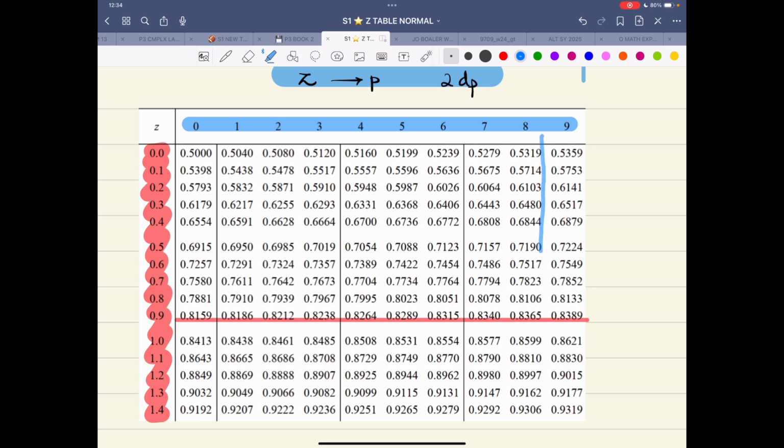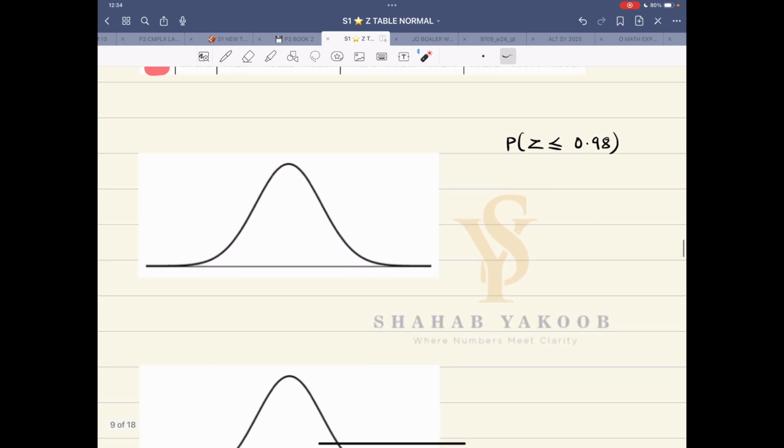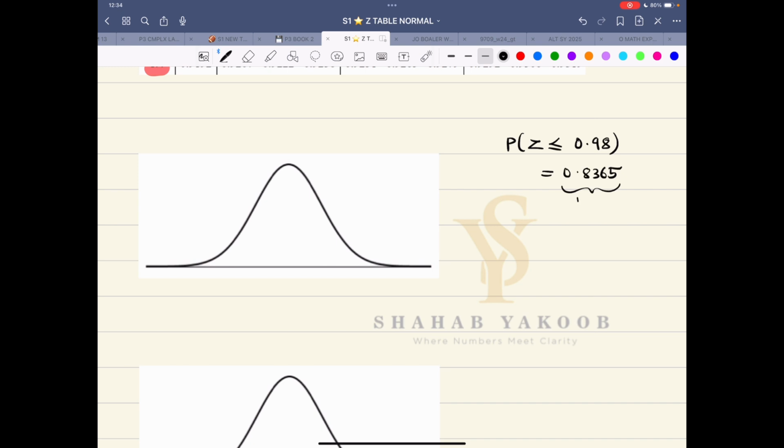Let's go like this. So what is the common value? The common value is this one, 0.8365. This is 0.9 from here, 8 from here. This is 8365. So this is giving me 0.8365.